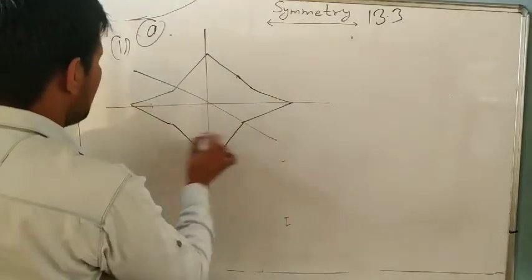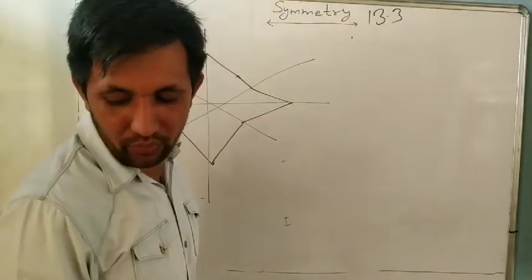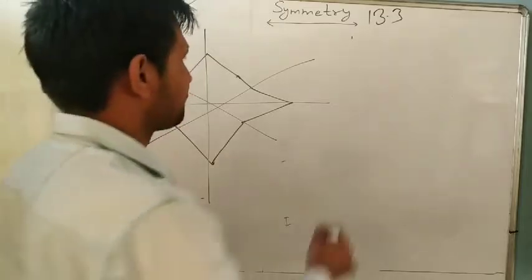Yes, 3, and 4. How many lines of symmetry? It is 4.